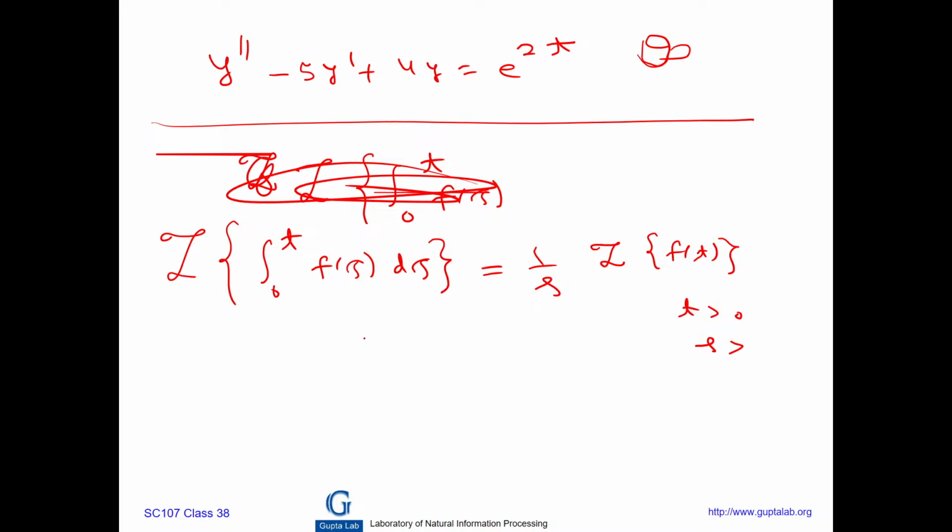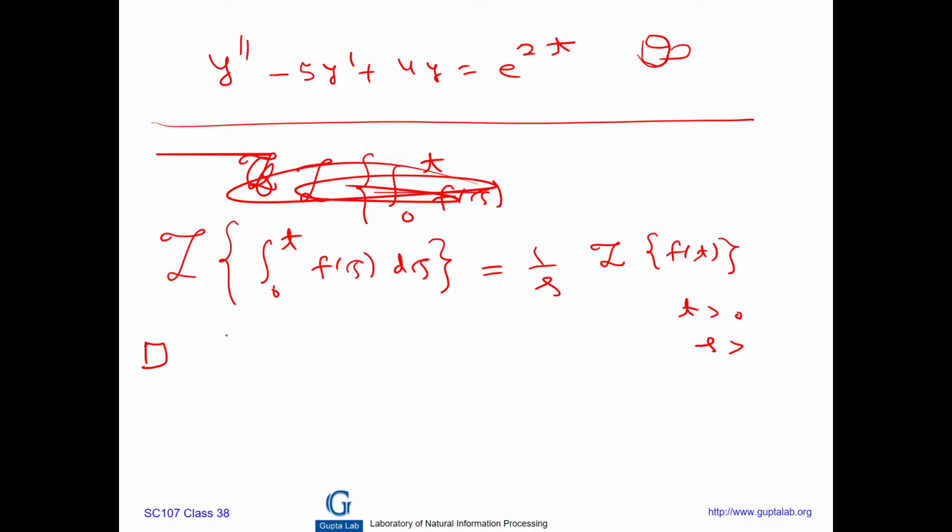Tau is some parameter. So basically the Laplace of this is 1 over s times the Laplace transformation of f of t. This is a very useful formula, and I think the proof is not very difficult, so I can do it for you.